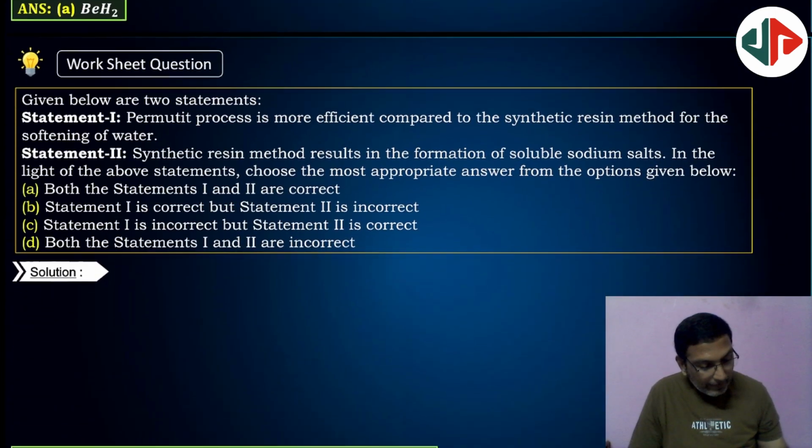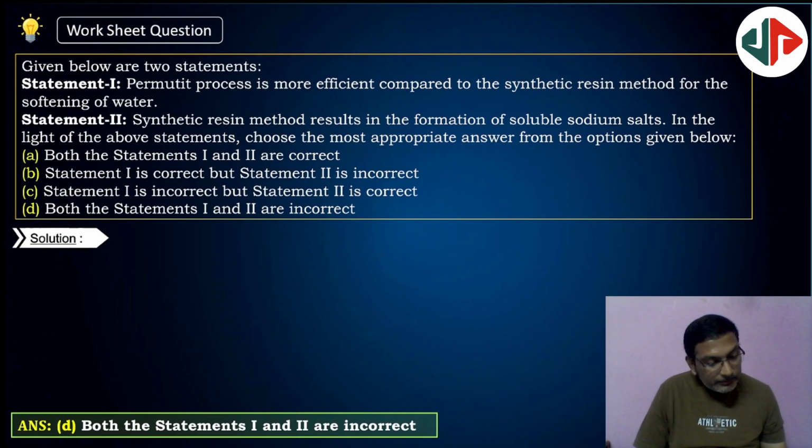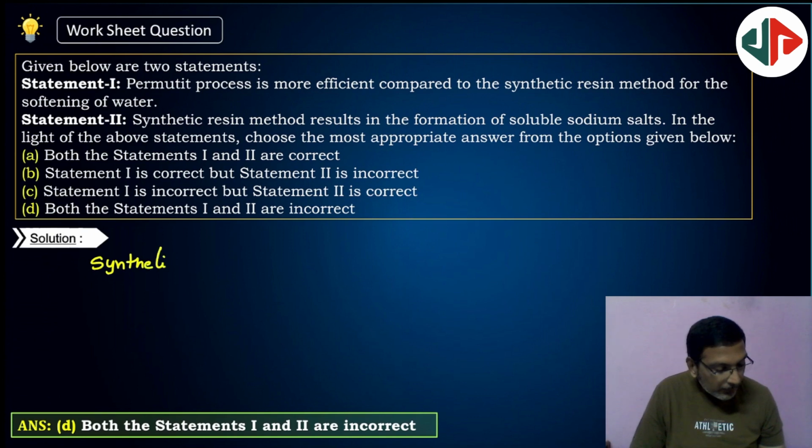Next. So statement 1, permutit process is more efficient when compared to synthetic resin method. So which is wrong. Synthetic resin method results in the formation of soluble sodium salts. This is also right. So synthetic resin method is more efficient than permutit process.